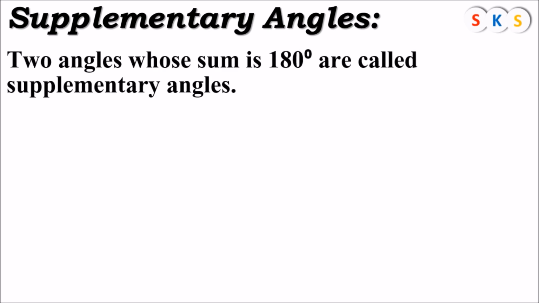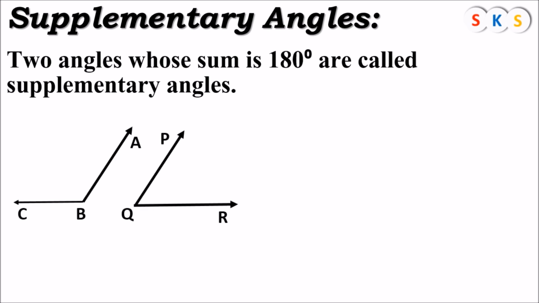What are supplementary angles? Two angles whose sum is 180 degrees are called supplementary angles. Now we will try to understand supplementary angles with the help of a figure. You can see that here we have two angles, angle ABC and angle PQR.